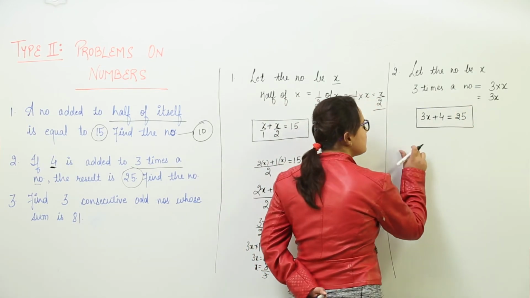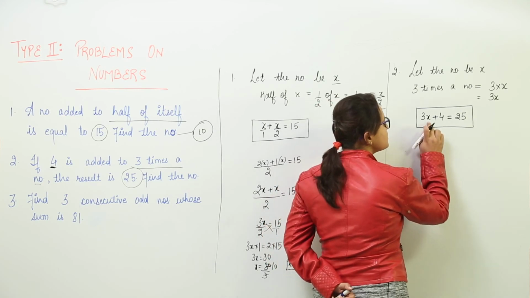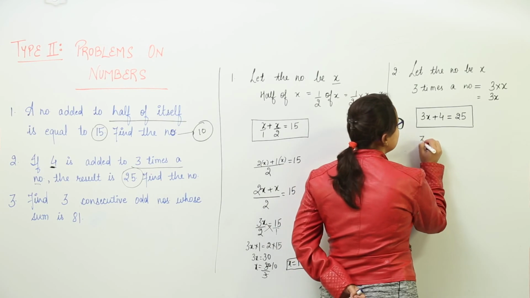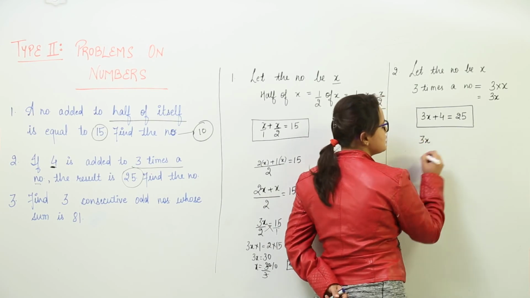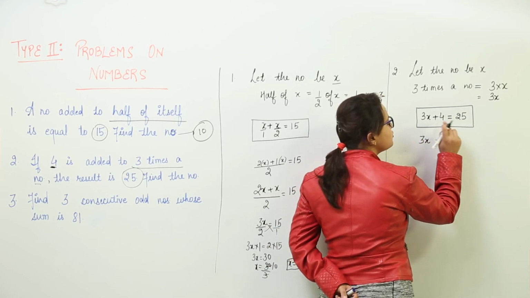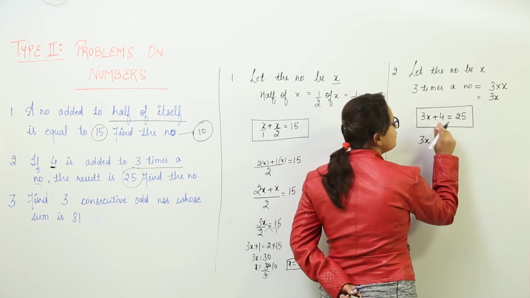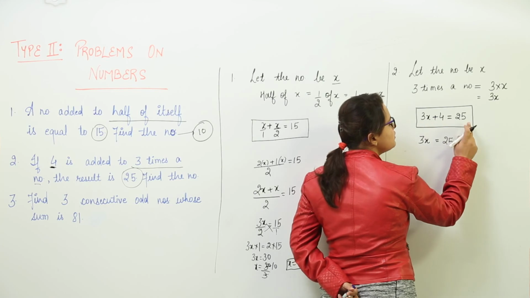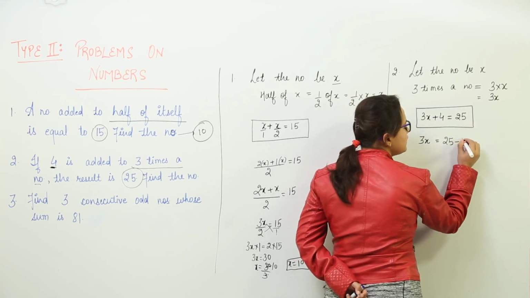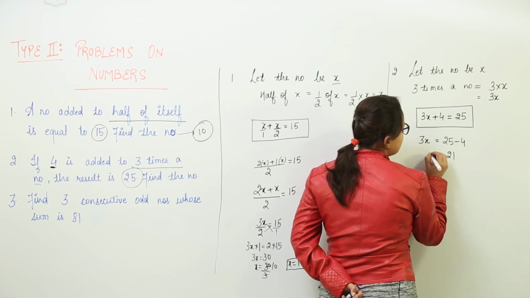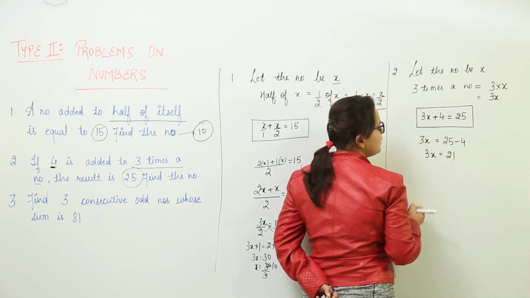So let us start now. Start solving this equation with the rules that we have learnt. That is, we will let 3x remain as it is, and we are going to take 4 to the other side to simplify this. Now because 4 was getting added over here, when we transpose it to the other side, it will get subtracted. Now on solving, we get 3x equal to 21.